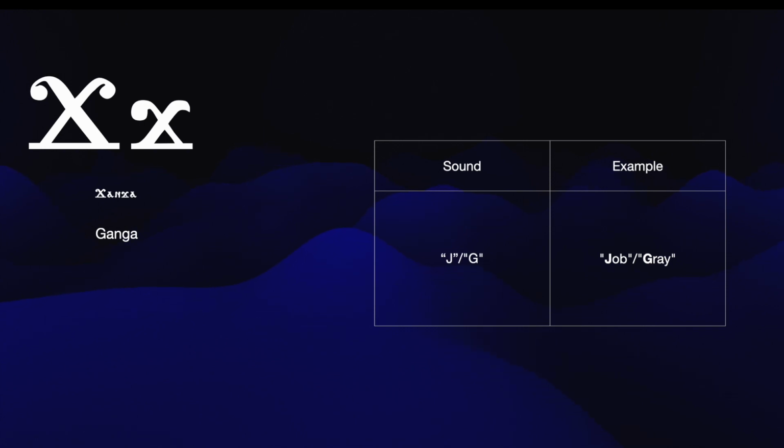So whereas in Old Bohairic it acted a lot like the letter J, now it acts a lot like the letter G, and that if G is followed by an E or an I, it makes a J sound, but followed by a different vowel, it's just a G sound, like a hard G.